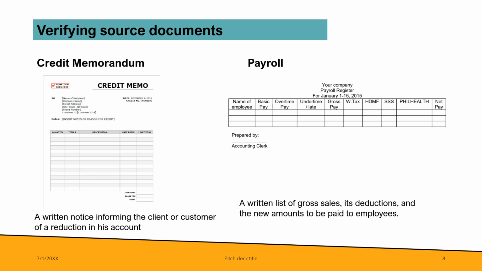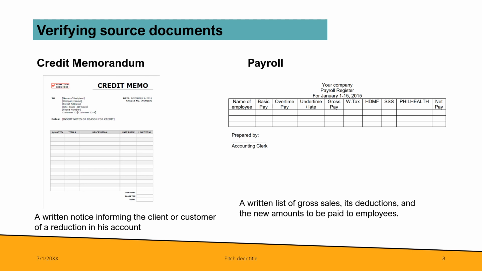So you can see in the sample, you have here the payroll register, wherein you can see the details of the salary of each employee. Okay, although the payroll register is not yet accomplished, this is just a format, just to show you how it looks like. You have here the name of the employee, the basic pay, the overtime pay, the undertime or late, the gross pay, and the deductions.